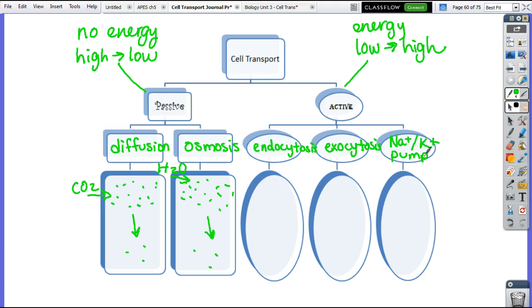So with endocytosis, okay, we've got a cell that's engulfing something, and it's going in. Exocytosis, we've got a cell that is releasing something.